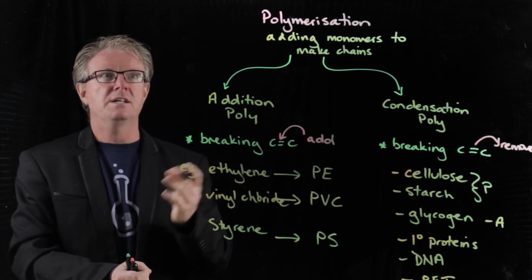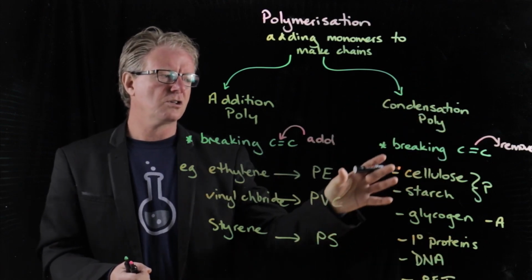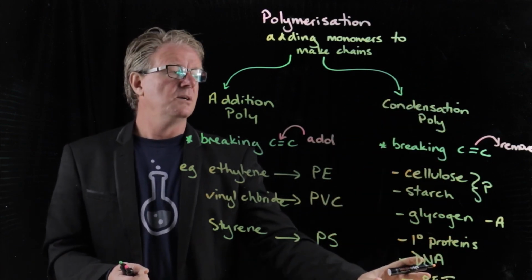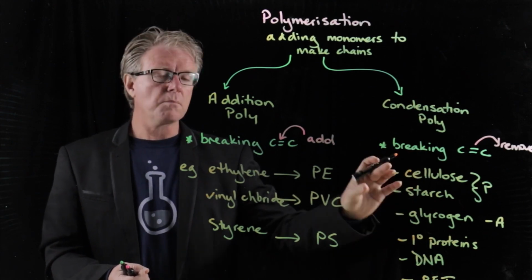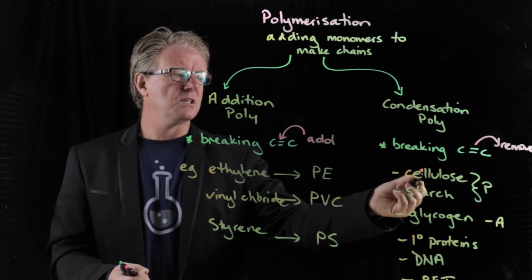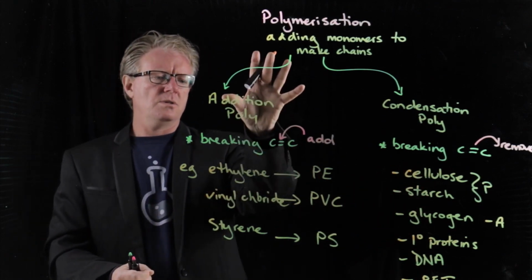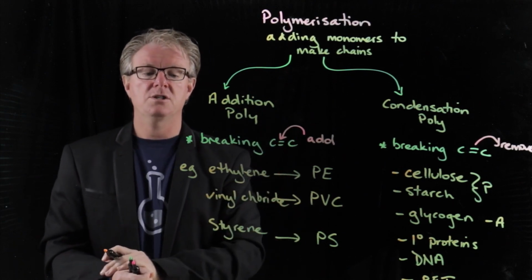We can also have things such as nylon. So there's lots of condensation polymerizations there. We're not going to look at those in detail. We're going to do one or two of them briefly. We'll re-examine some of those, especially proteins, cellulose and starch, in a lot more detail when we do an option topic. So this is addition polymerization.